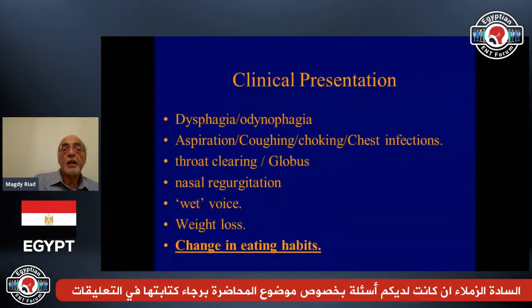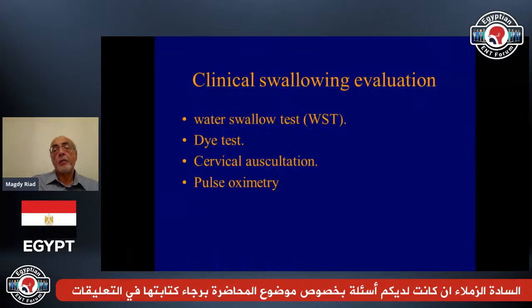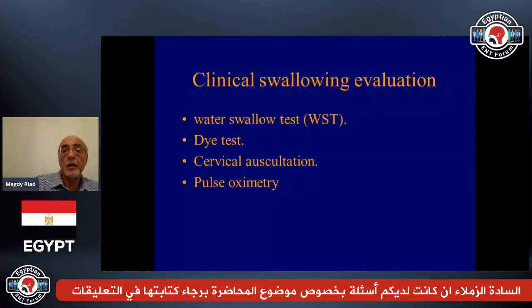And there are a few tests that you can do in the clinic or bedside to evaluate what is going on. And the easiest, of course, is asking them to swallow about 30 milliliters of water. And most patients would have no difficulty in doing this, but if they aspirate, then you know that there is something significantly wrong in their pharyngeal or laryngeal control over swallowing.